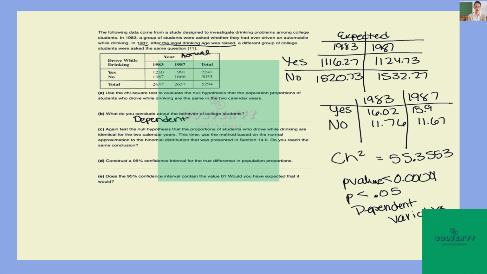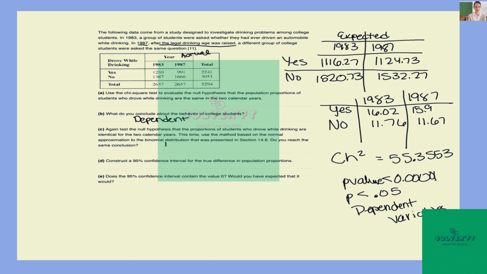Again, test the null hypothesis that the proportions of students who drove while drinking are identical for the 2 calendar years. This time, use the method based on the normal approximation to the binomial distribution, which was presented in 14.6. Do you reach the same conclusion?